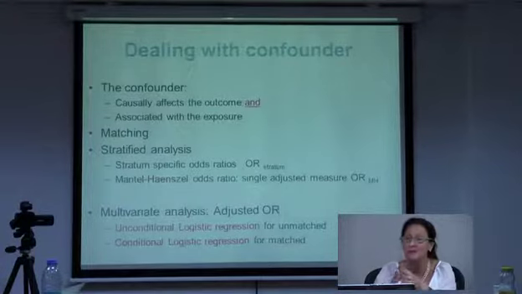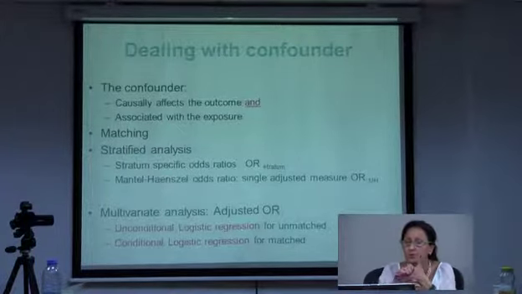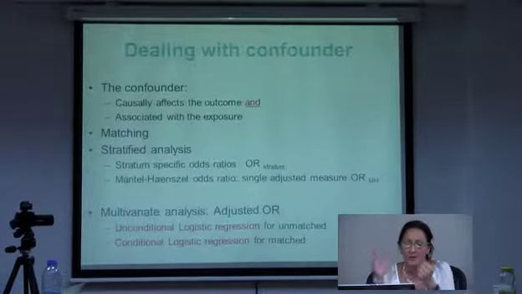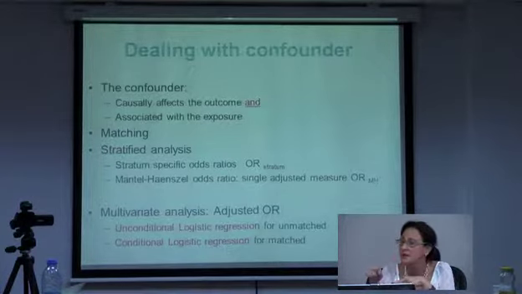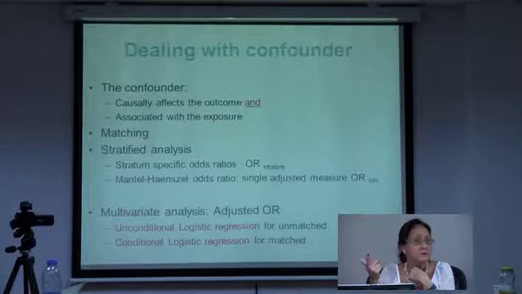So what's next? If you want to have the relationship, the adjusted estimate is to adjust for confounder. So how to adjust for confounder? What is a confounder? A confounder is something we know is associated with the outcome. So we know that the older the person, the more likely that he will get bladder cancer.